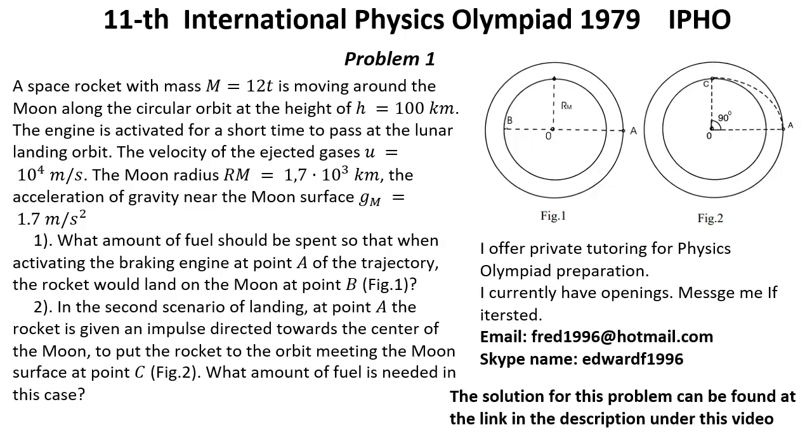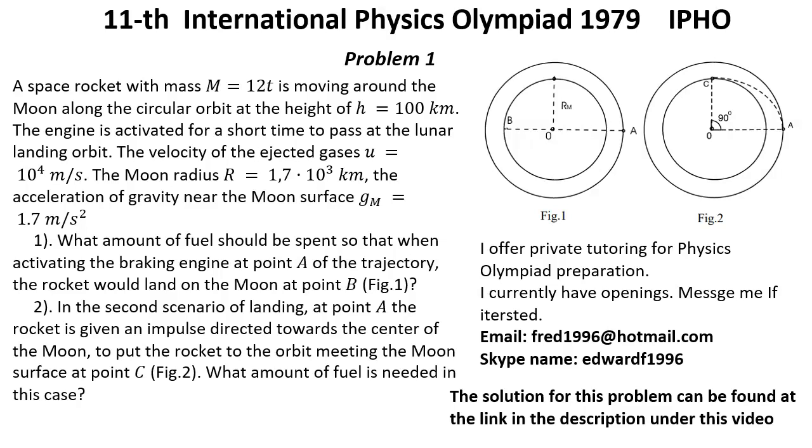The velocity of the ejected gases u equal 10⁴ meters per second. The Moon radius r_m equal 1.7 multiplied by 10³ kilometers. The acceleration of gravity near the Moon surface g_m equal 1.7 meters per second square.